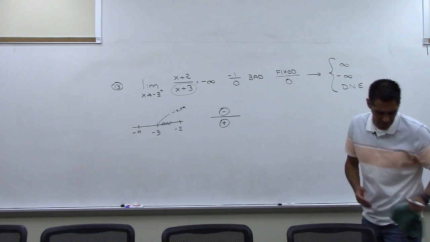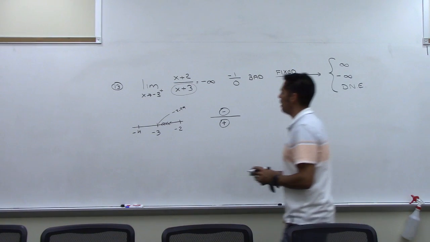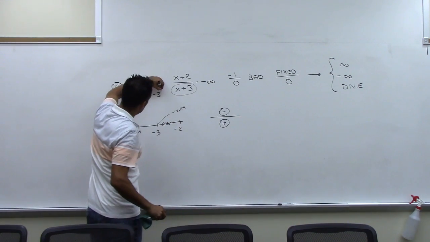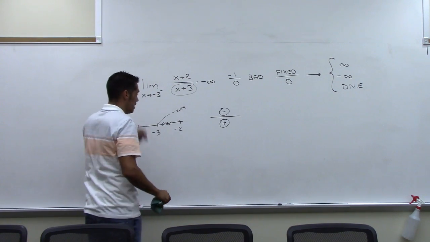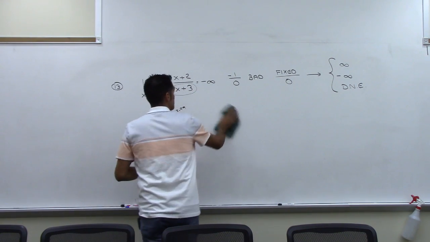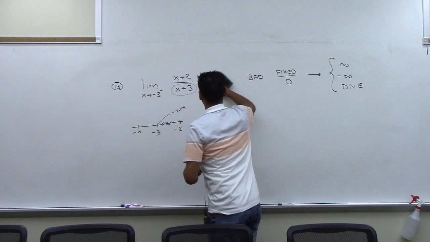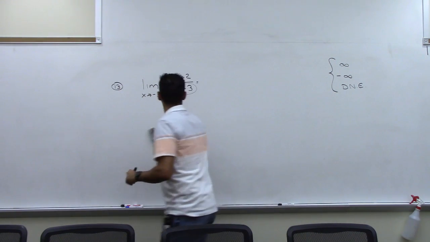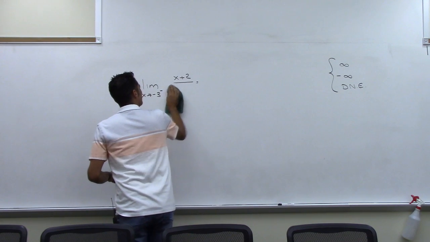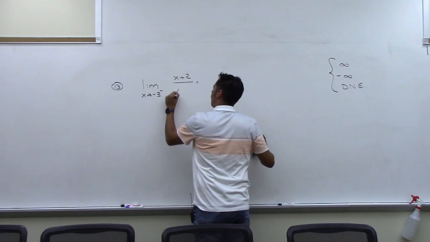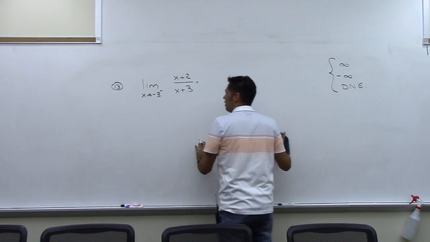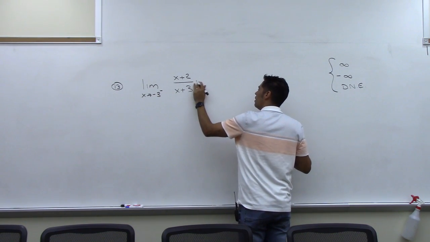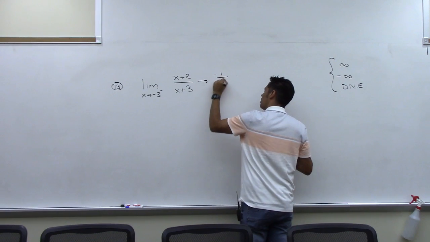Now, this isn't in the book, but let's just see what would happen if we change this to the minus. If we were coming in on the left-hand side of negative 3 instead, how would it change the answer? Well, we'd start off and we'd still plug in negative 3 here and here, and we know we would get a form that would look like negative 1 over 0.